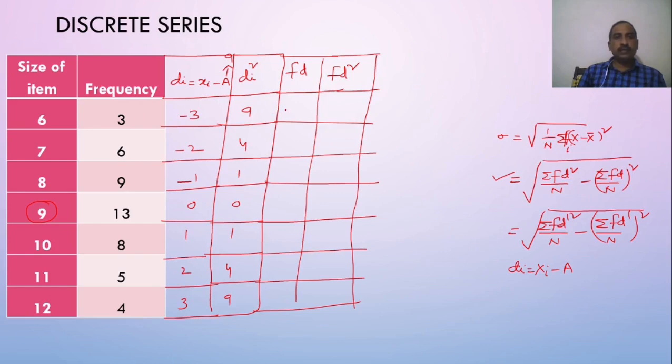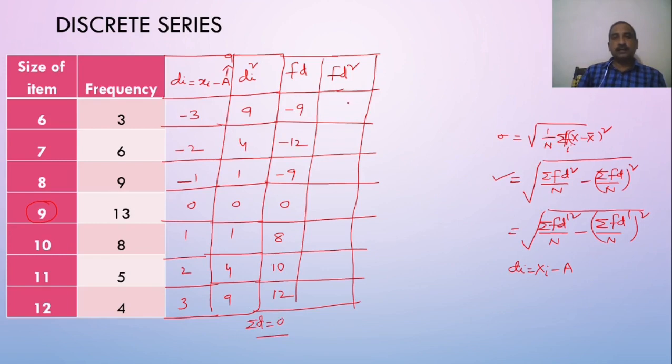So 3 into minus 3 is minus 9, 6 into minus 2 is minus 12, 9 into minus 1 is minus 9, this is 0, 8, 5 into 2 is 10, 4 into 3 is 12. So this is 22 plus 8, 30. This is 9 plus 9, 18, 18 plus 30. So this summation fd value equals 0, right?